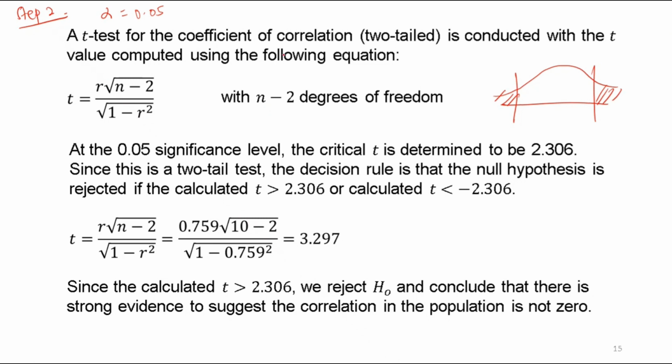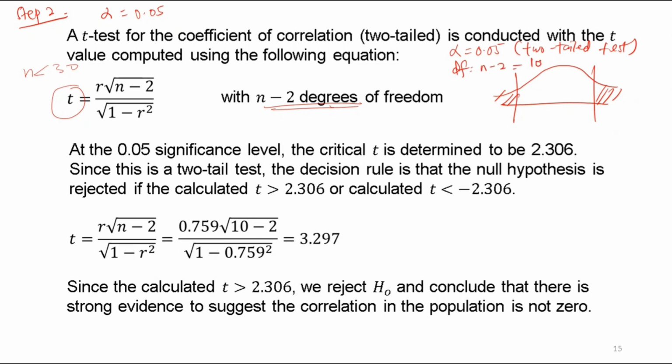If we want to find the T critical, we use the T test because n is less than 30. The degree of freedom is n minus 2. First, level of significance is 0.05, two tails, and then degree of freedom is n minus 2.